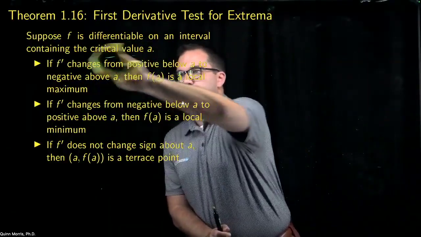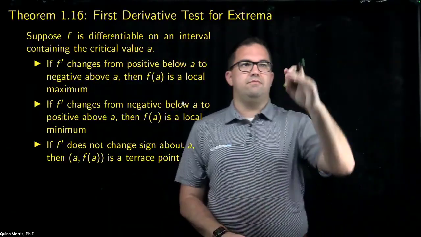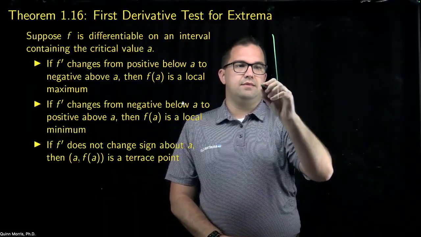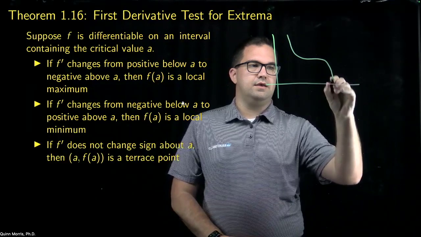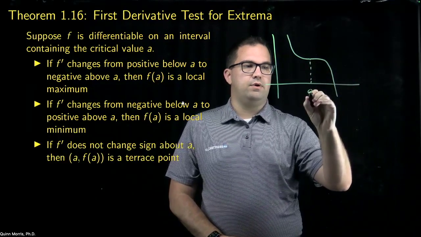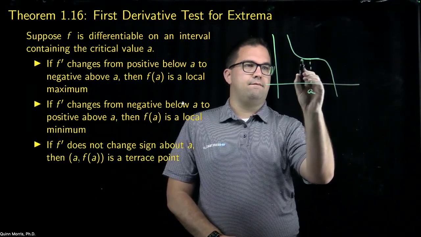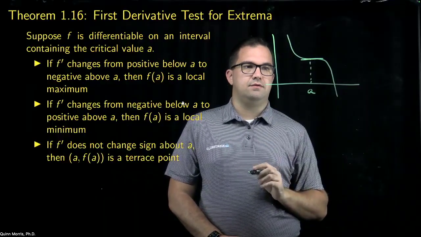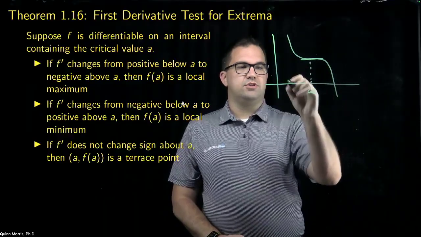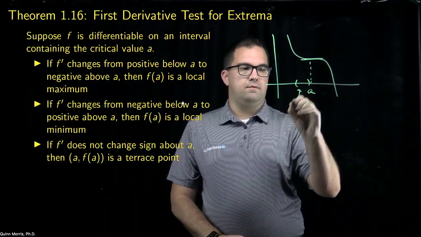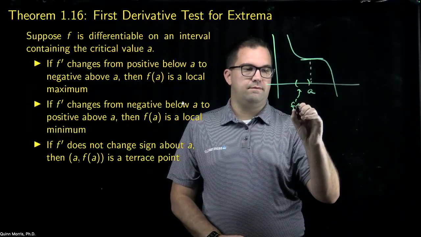So for example, you could have something that looks like this. So if you had a function, say, that looked like this, maybe right at this point A, I have a horizontal tangent line. So this is a critical value. My derivative is 0. But if I look to the left, my derivative is negative.